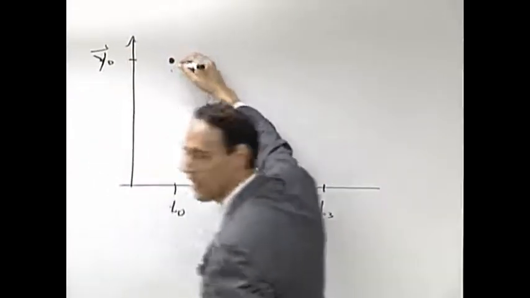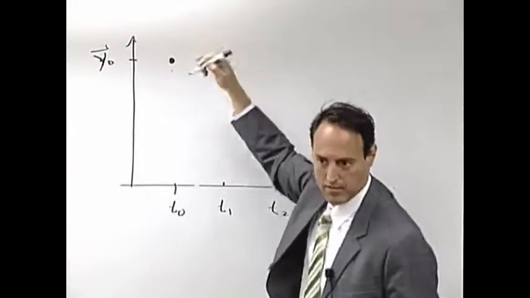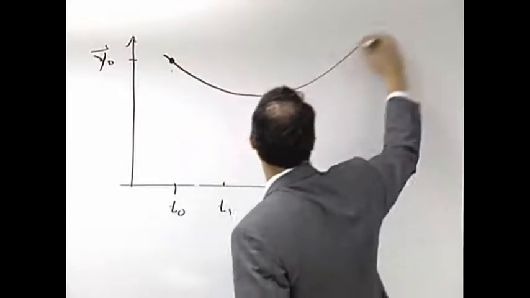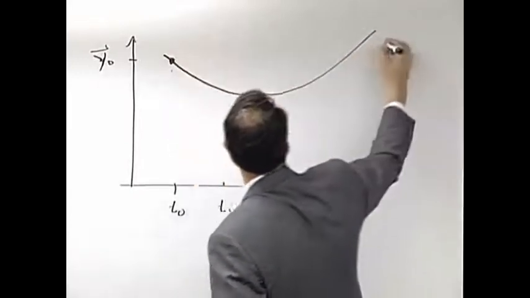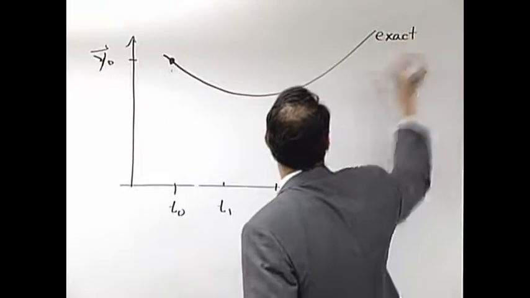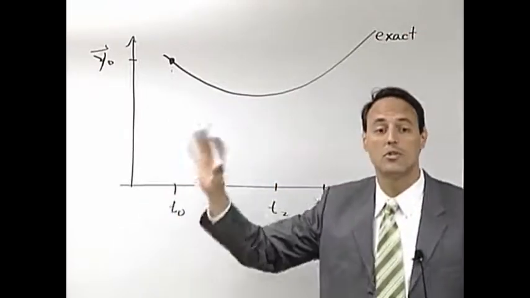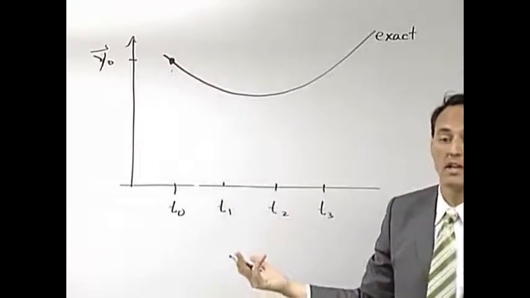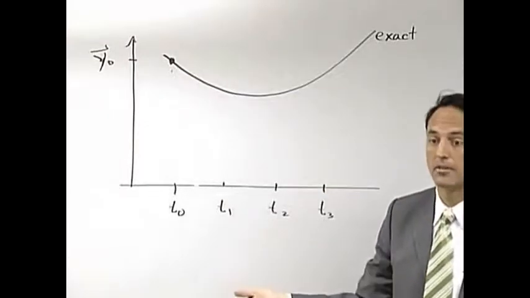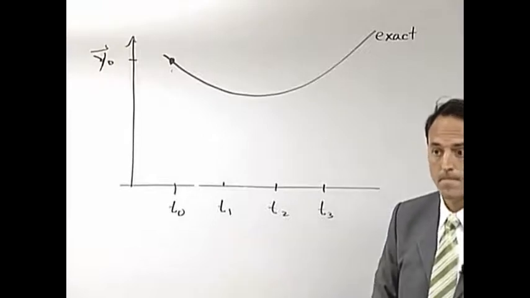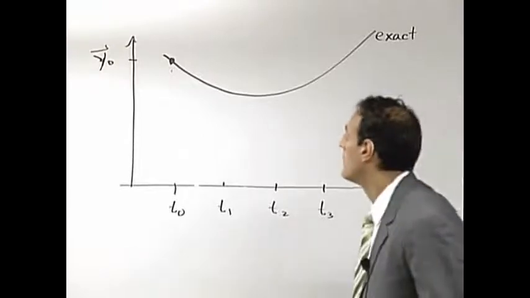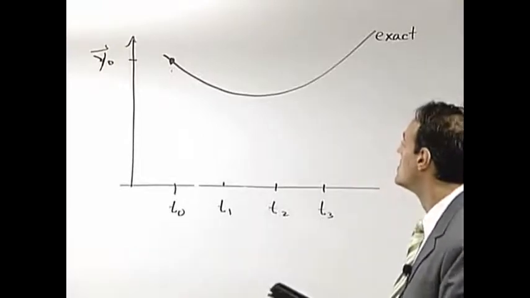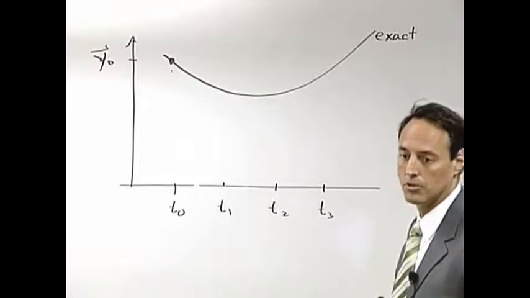Now, let's suppose I can actually solve this exactly for a moment. So here's my exact solution. Presumably what I'm trying to do with this scheme is calculate that exact solution very accurately. Okay? All right. So what does this Euler scheme do?